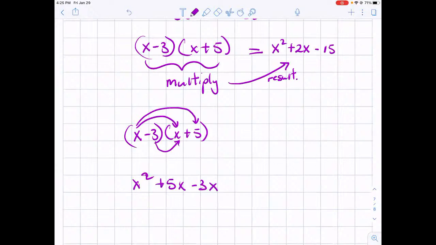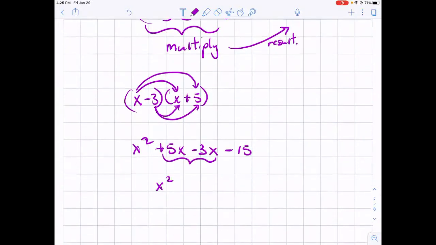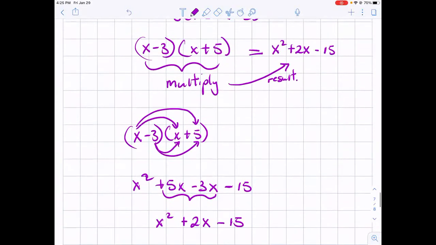I'm foiling here. Negative 3 times a positive 5 becomes negative 15. If you combine the two like terms, we get x squared plus 2x minus 15, which is exactly what we had started out with. Okay? So here is our check.